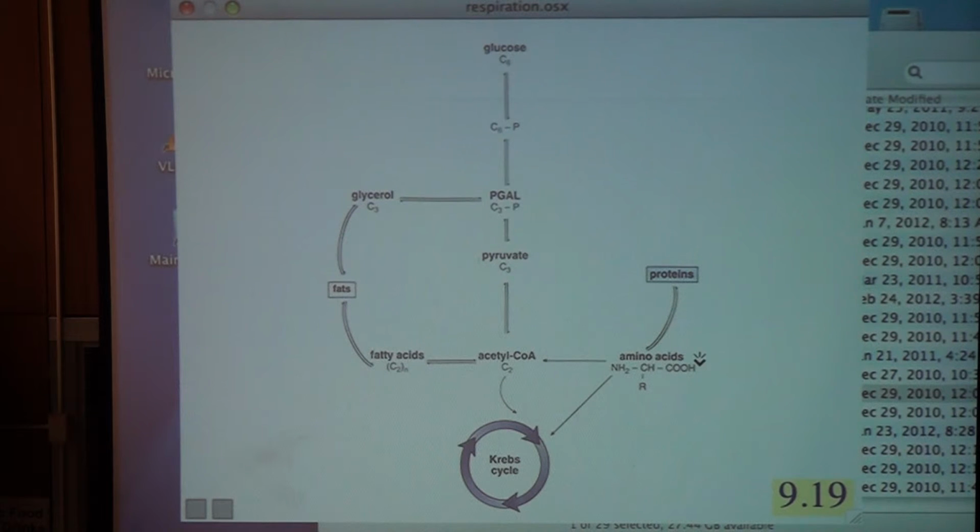Remember, fats are a type of molecule called a triglyceride. And a triglyceride looks something like this. Each triglyceride is a glycerol molecule that's joined to 3 fatty acids, which maybe I'll draw like this.